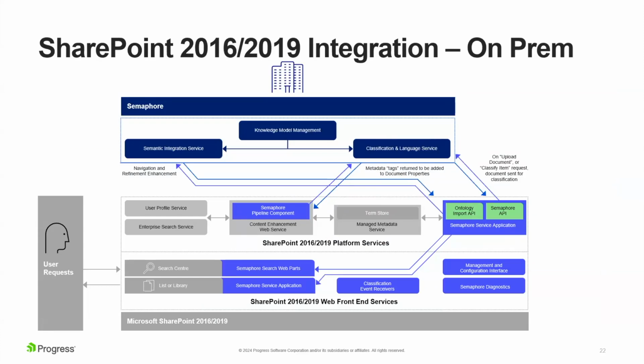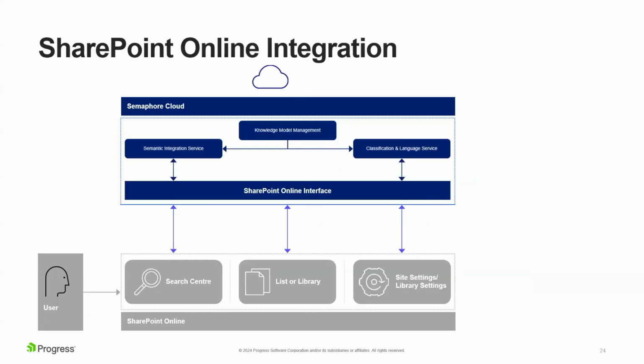Whether that is all on premise, or Semaphore running in the Progress Data Cloud, talking to SharePoint on premise. If you're dealing with SharePoint Online, then you have to have components running in the Progress Data Cloud because there is a trusted relationship between SharePoint Online and the PDC. But you can run in hybrid mode.